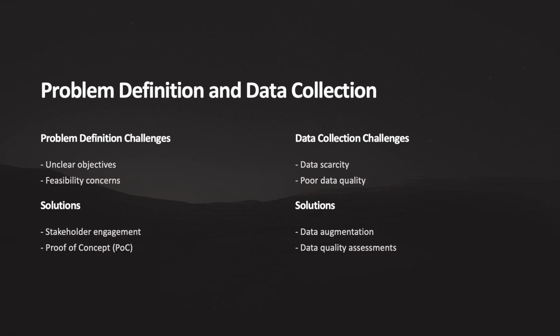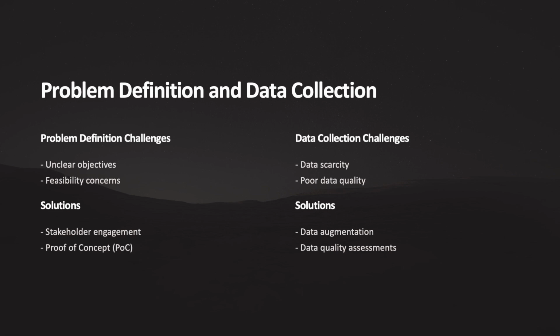Engaging stakeholders ensures that goals are well defined and aligned with business needs. A proof of concept is crucial here. It helps assess feasibility before committing to full scale implementation. Having a clear problem definition reduces risks, guides the choice of methods, and increases the chance of success.